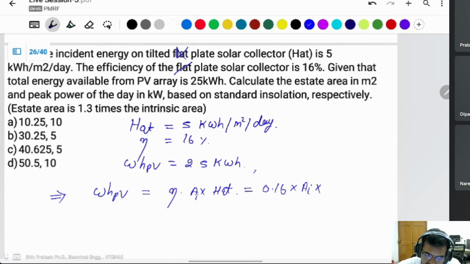HAT is given as 5, and watt hour is given as 25 kilowatt. This one is also kilowatt, then the kilowatt cancels out: 0.16 into I into 5.